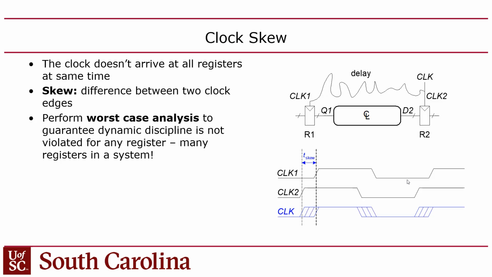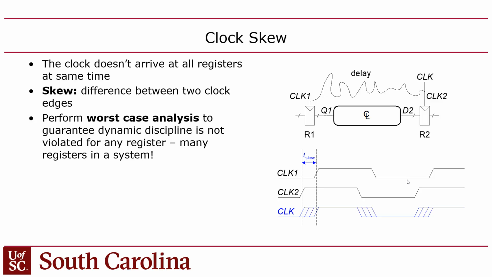The clock comes in and splits into H's, and then it splits into more H's. The idea is that you want to get the clock across the whole chip as fast as possible, but it doesn't matter, because any flip-flop that's closer to where the clock pin comes in on the chip is going to see the clock edge before flip-flops that are connected to the clock farther away from the pin. It's all about distance. The farther you are away.